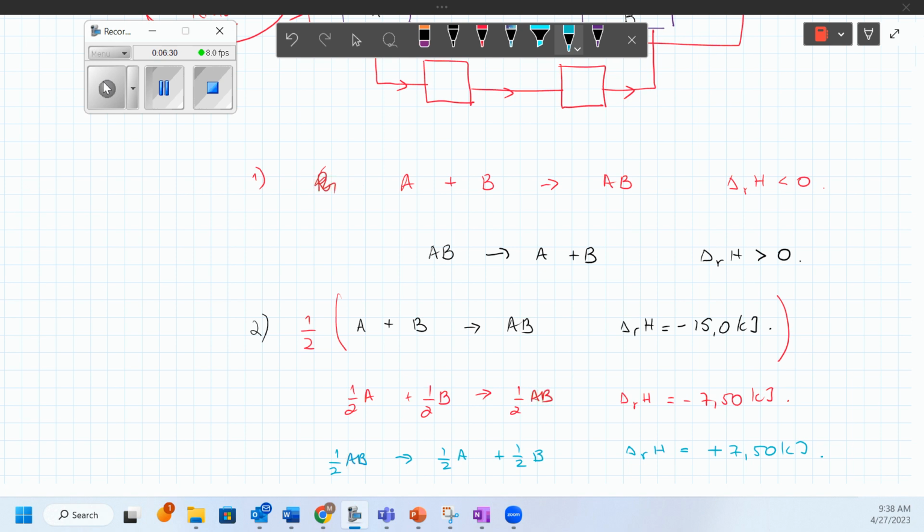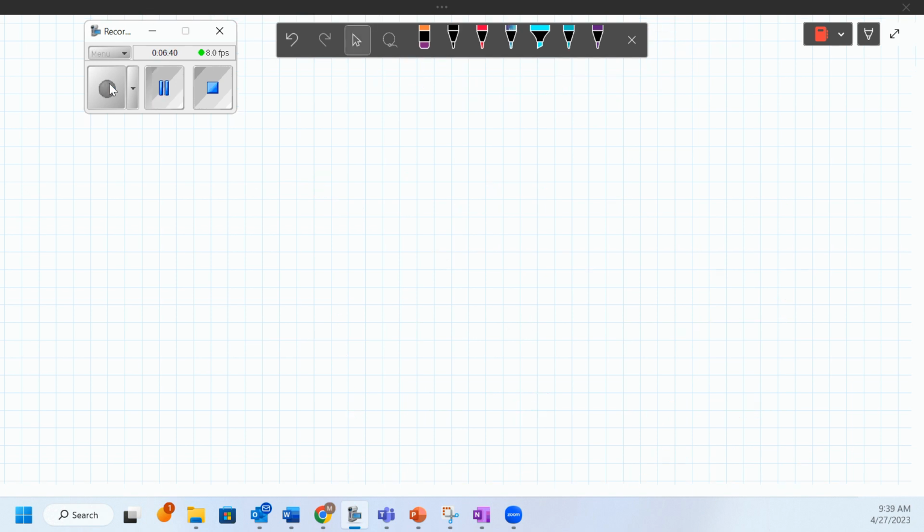Let's work with a simple example, and then we will see more examples in the second part of the day today.